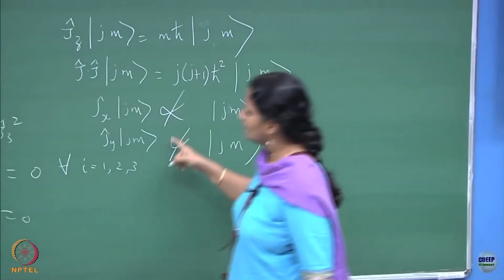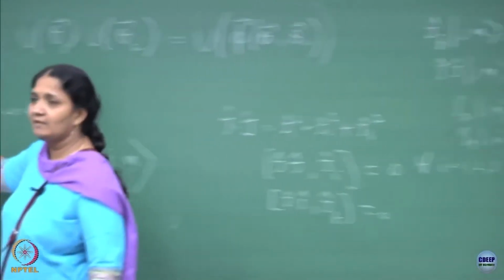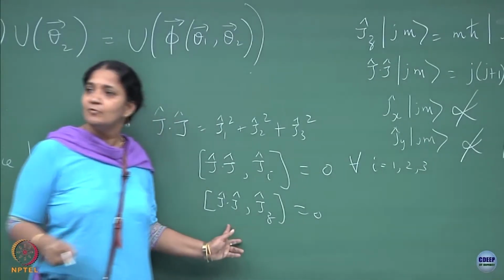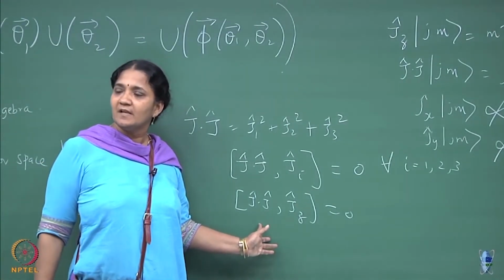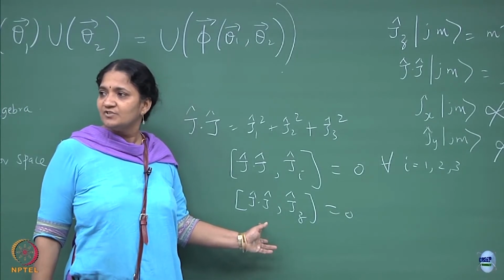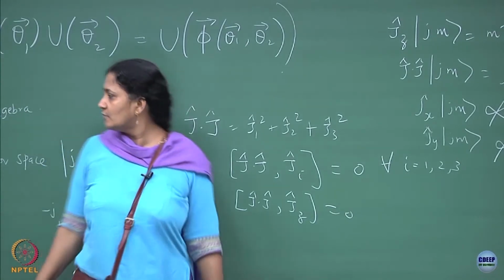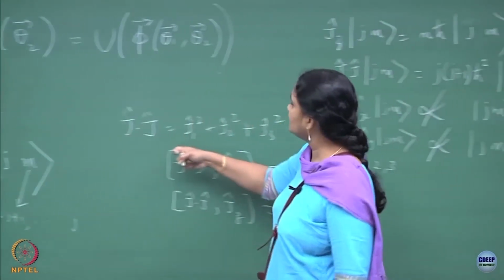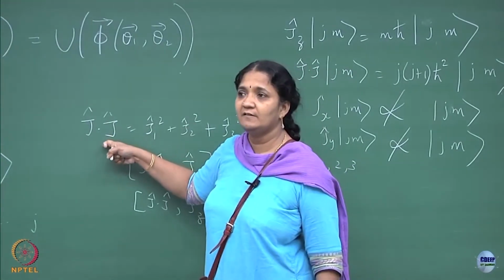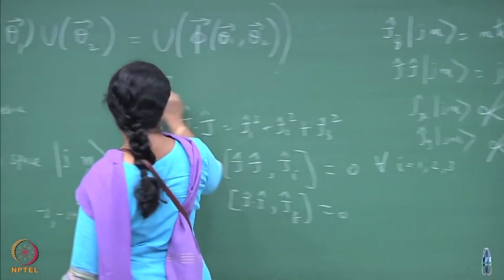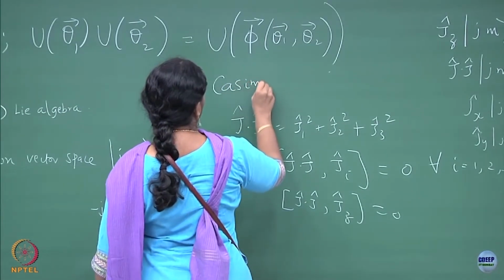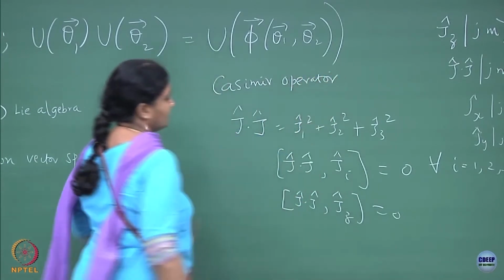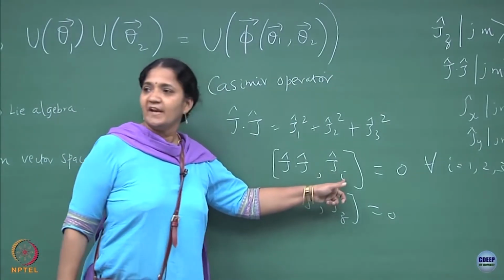Because of this property and my choice, we are going to take Jz to be simultaneously commuting with J dot J. So with this convention, |jm> is a simultaneous eigenstate of a Casimir operator. This is what we call a Casimir operator. A Casimir operator is one which commutes with all the generators of the group.